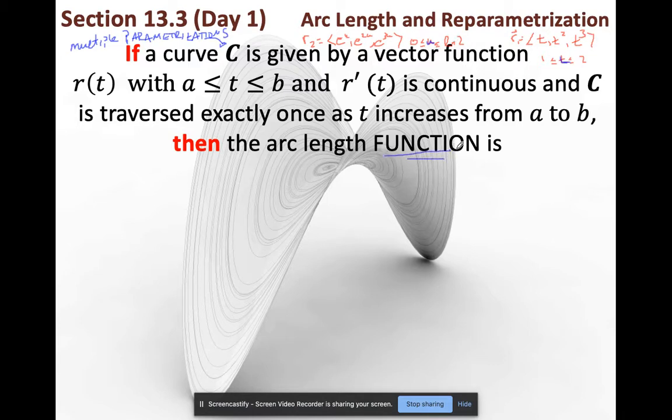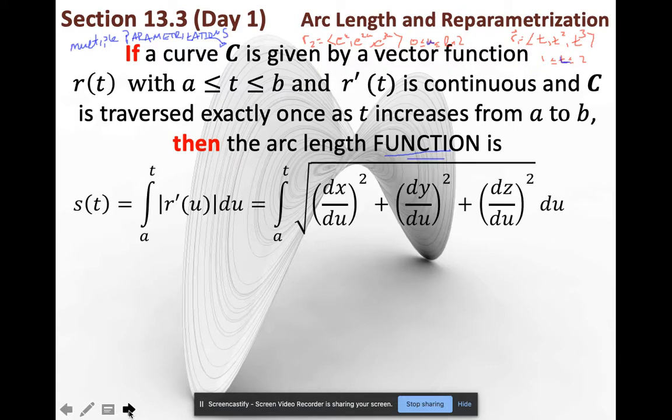In that previous example, I just found the arc length from 0 to 2 pi. So what if I want to make an arc length function? So s means arc length, and it is the integral from some starting value as t varies of the magnitude of the tangent vector, which looks like this.